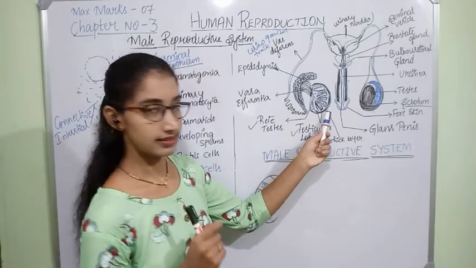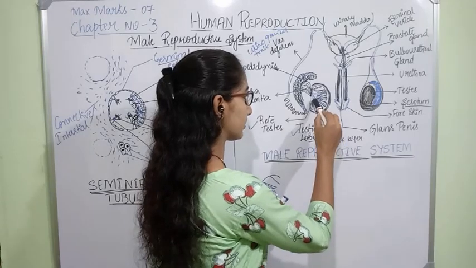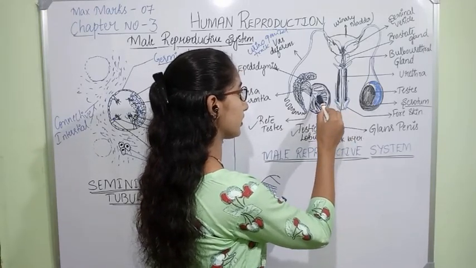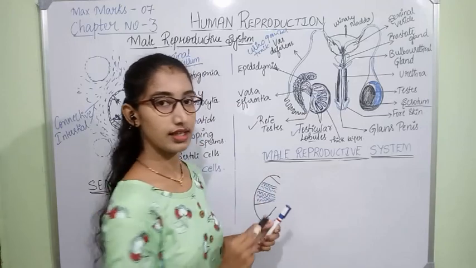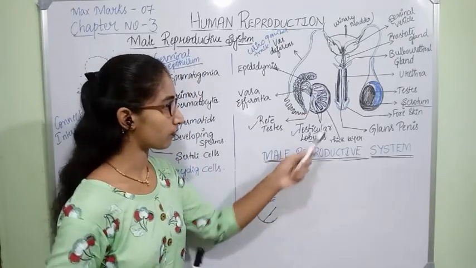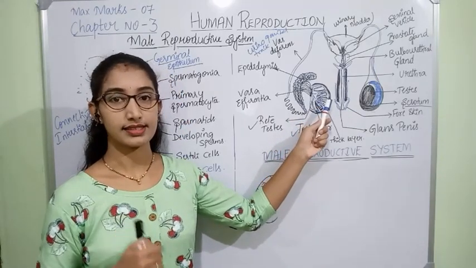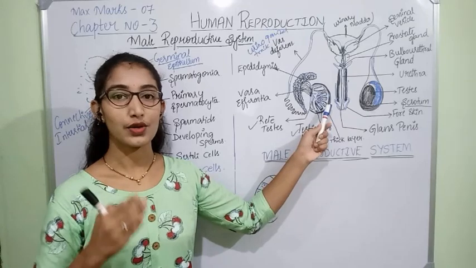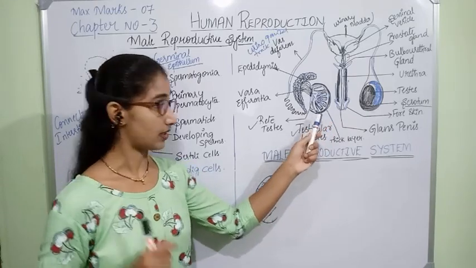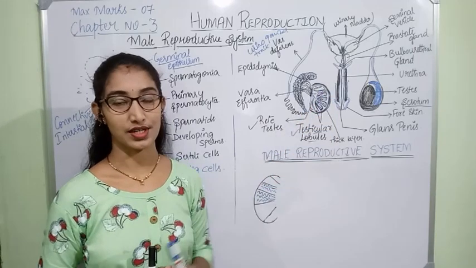These layers extend into the internal region of the testis, and due to this extension they form cross walls, like septa.